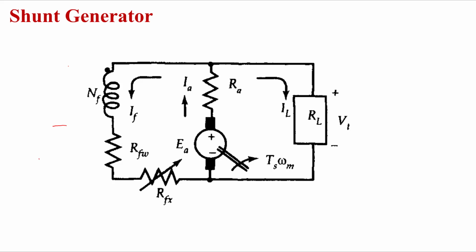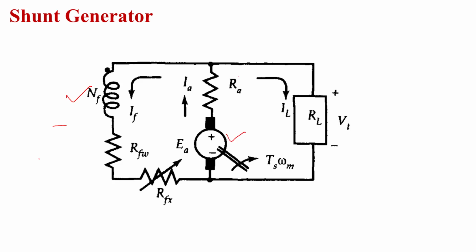So first we'll talk about the shunt connection. In the shunt connection, you can see here that the field winding is put across the armature, right? Here is the field winding, which is connected across the armature.